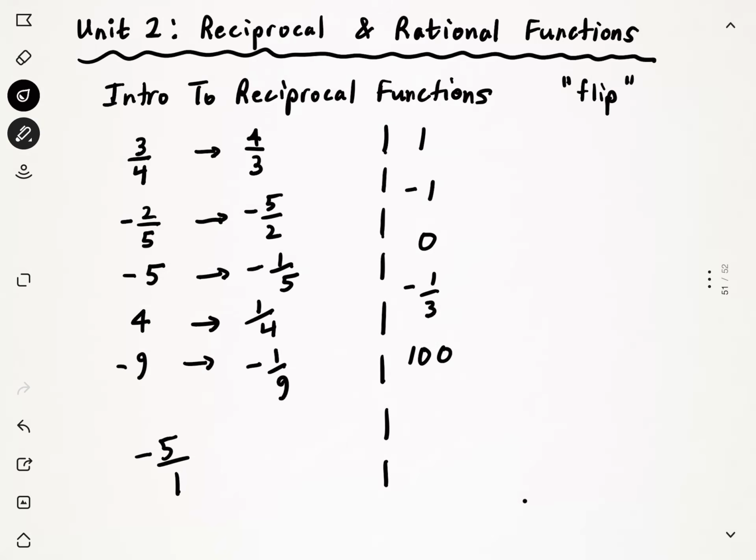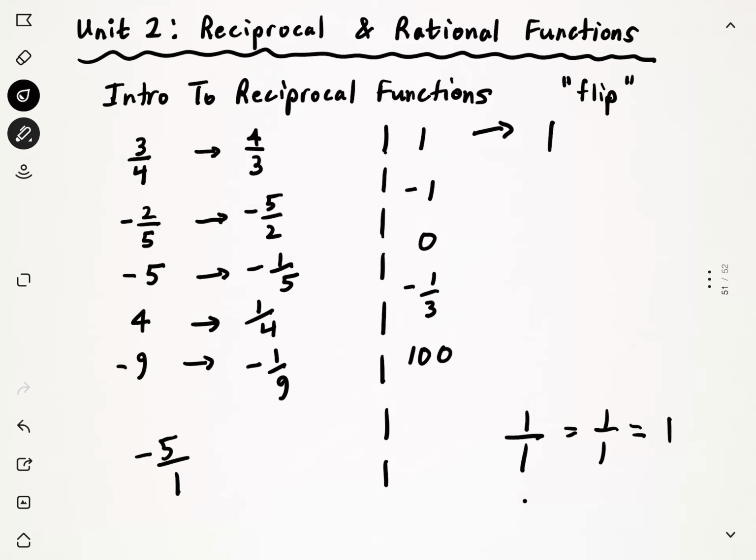Now let's pull up a few special cases right here. What I mean by special cases is, take a look at what happens here. If you have a positive 1, well, positive 1 is of course 1 over 1. And when you flip 1 over 1, you still get 1 over 1, which is equal to 1. So you could say that the reciprocal of 1 is 1.